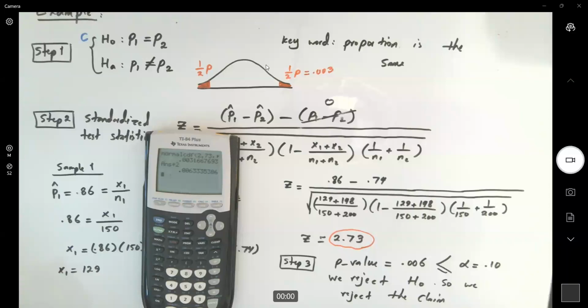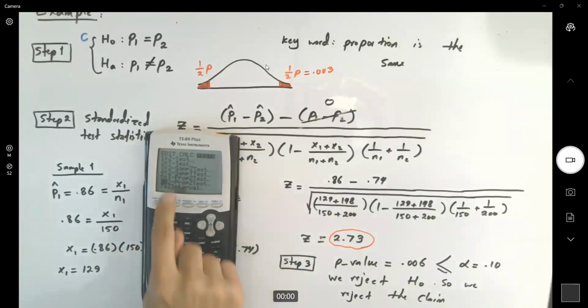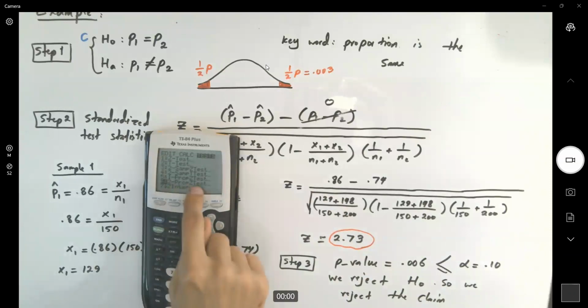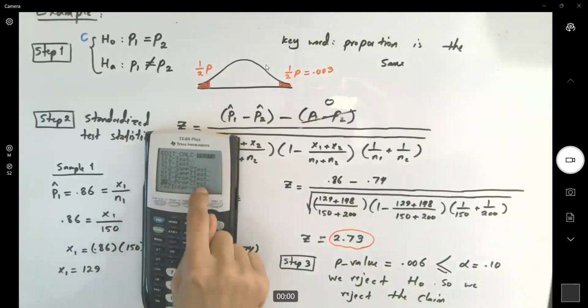Let's check our calculator to make sure our calculations are all correct. So we go to STAT and we go to TESTS. Now we're going to use the two-proportion z test. So we're going to select two-proportion z test.